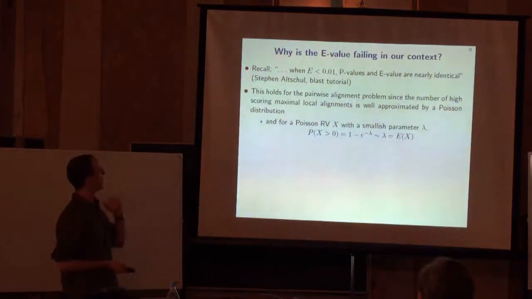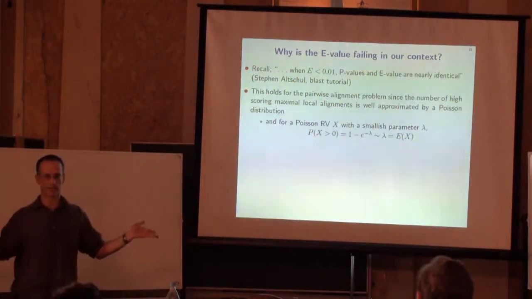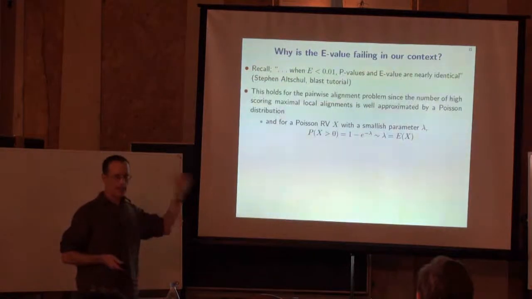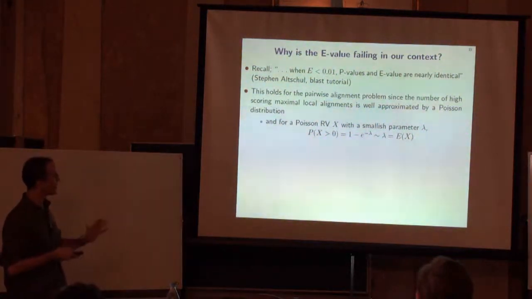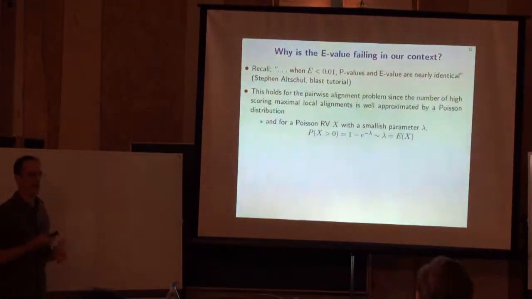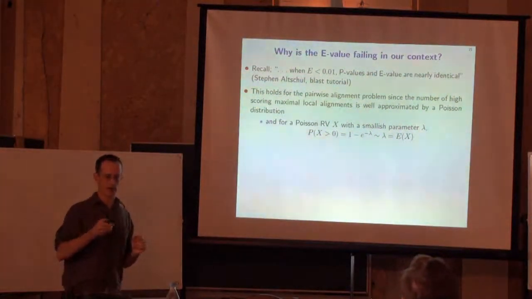So why is the e-value failing in our context where it's such a success in BLAST? Nobody doubts BLAST's e-values. Recall what was said: when the e-value is small, the p-value and e-value are nearly identical. And that's correct for the pairwise alignment problem, since the number of high-scoring maximal local alignments is well approximated by a Poisson distribution.